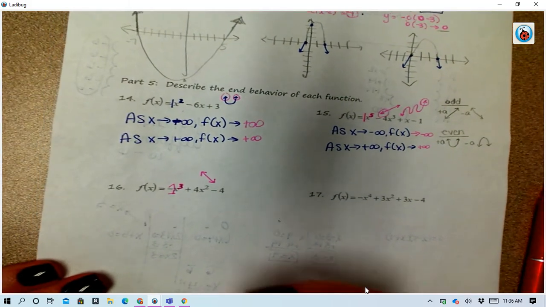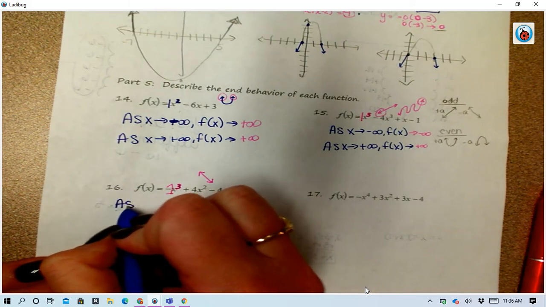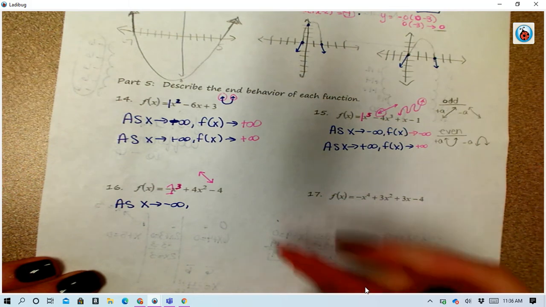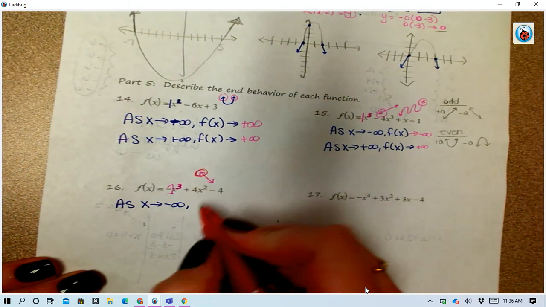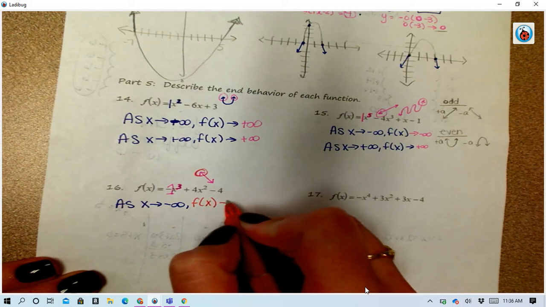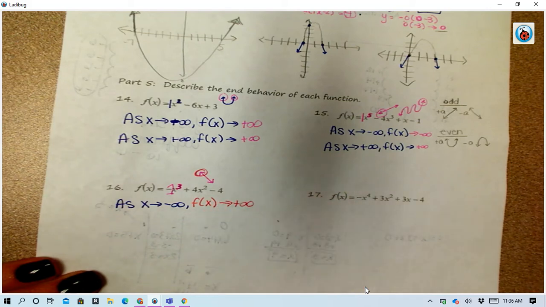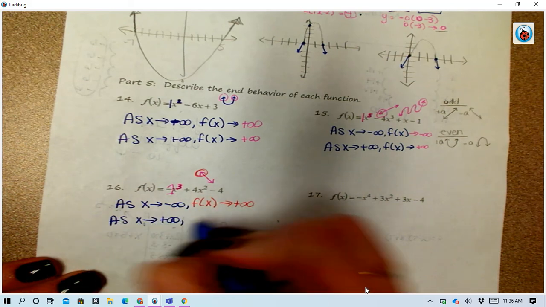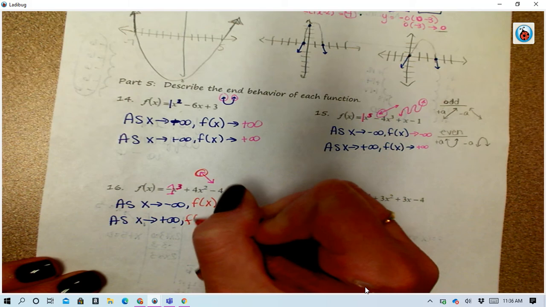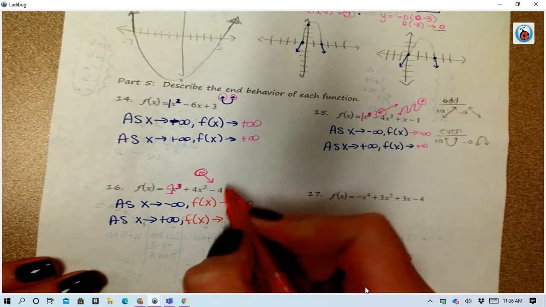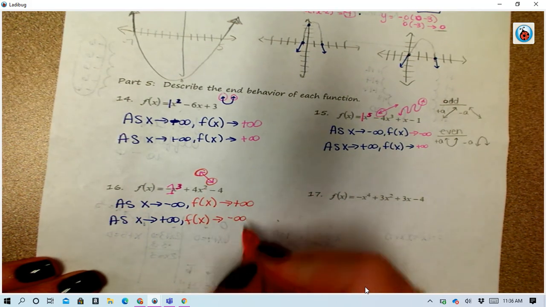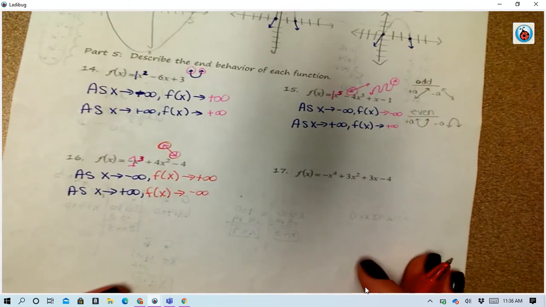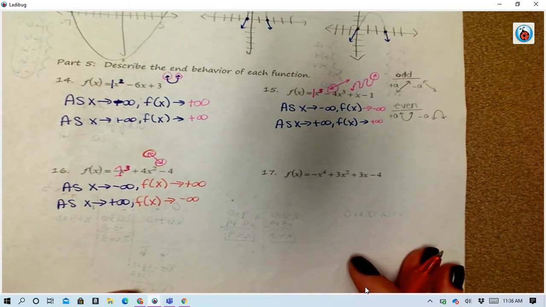Filling in your end behavior, as x goes to negative infinity, as you follow your graph left, your f of x goes to positive infinity. On the right-hand side, as x goes to positive infinity, this arrow points down, negative infinity. At this point, you should feel pretty comfortable to try number 17 by yourself.